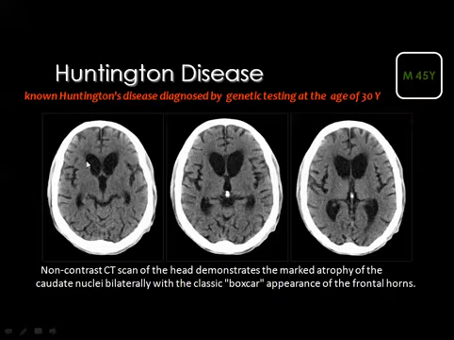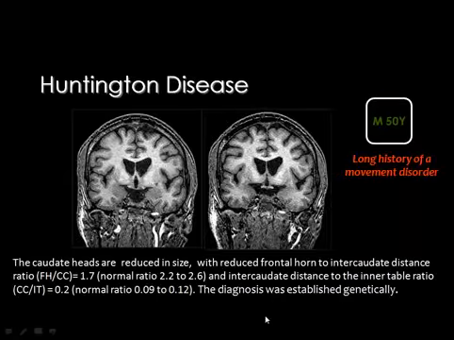And this is also an example of a patient who was diagnosed by genetic testing to have Huntington disease at the age of 30 years, presenting with brain atrophic changes, which are considered too early for this relatively young age, with considerable dilatation of the frontal horns of the lateral ventricles.